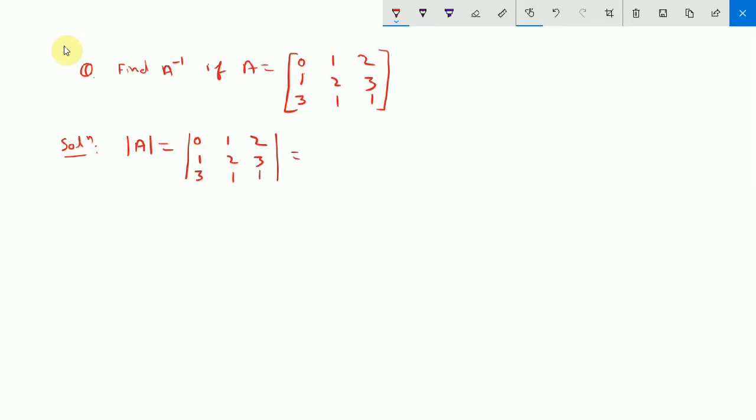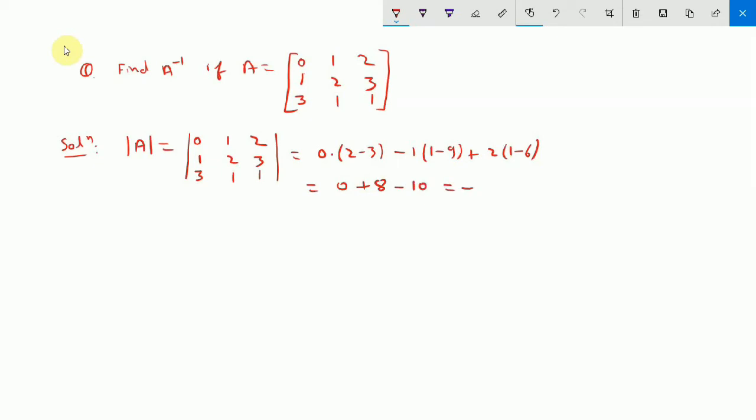Okay friends. So it will be 0 into (2 minus 3), minus 1 into (1 minus 9), plus 2 into (1 minus 6). So it will be 0 plus 8 and minus 2 into 5, which is minus 10.